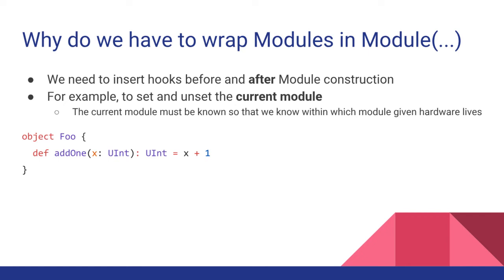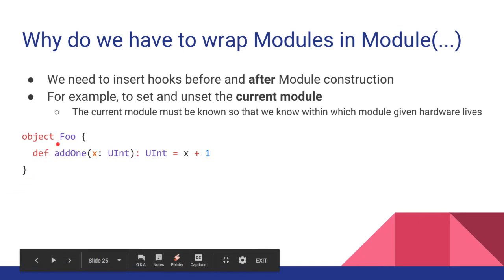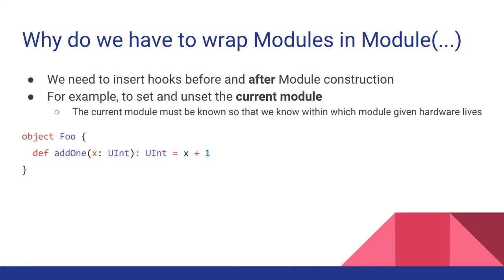So why do we have to set that? What if someone wrote object Foo, def addOne(x: UInt) = x + 1? There is nothing in that code that tells you what module we're adding to. So if x, the UInt, knew what module it lived in, then we could do it. But somebody has to know what the module is.